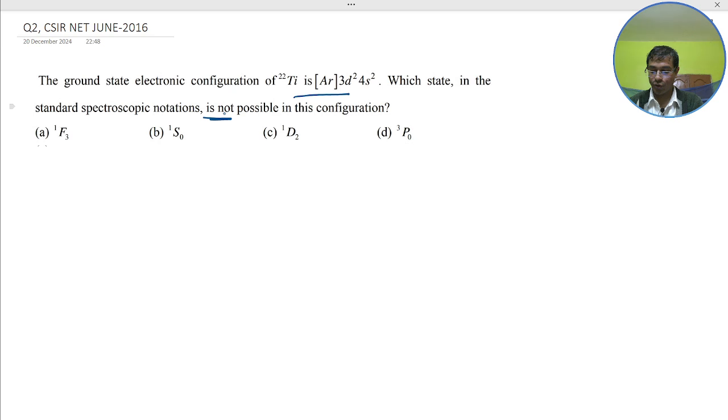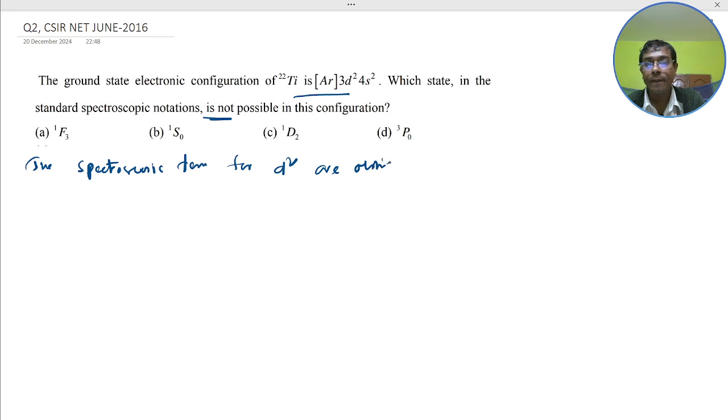So basically the spectroscopic terms for d2 are obtained as follows. L1 is 2, L2 is 2, so L value is 4, 3, 2, 1, 0.